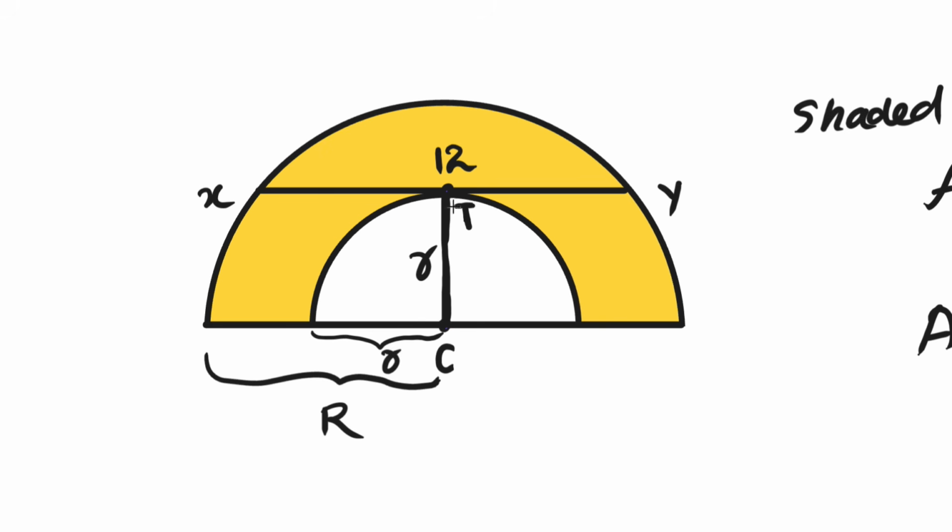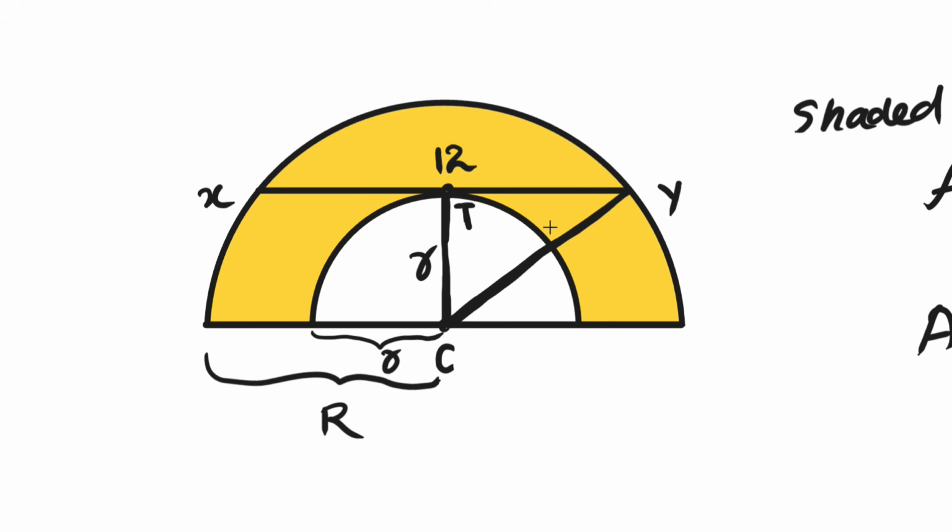In simpler words, the radius and the tangent meet at a right angle. Since xy is tangent to the smaller semicircle at T, segment CT is perpendicular to xy. Therefore, the angle CTY is 90 degrees. This gives us a right triangle, which will be very useful in just a moment.